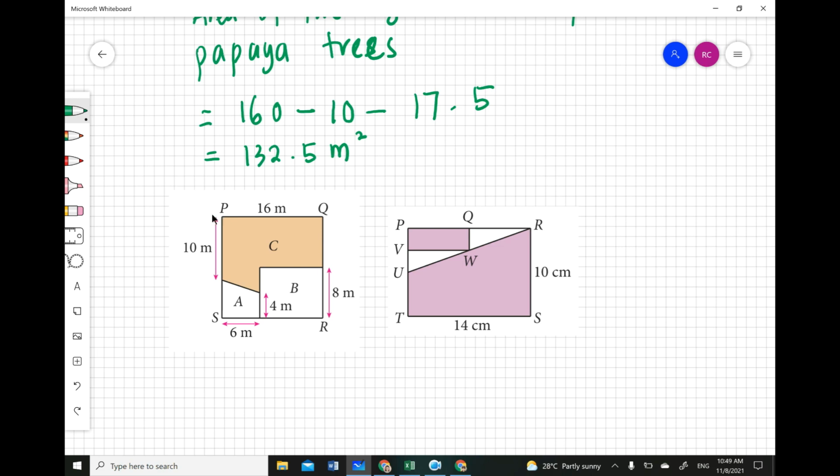This is 16. This is a 10. This is an 8. But we need this part over here. So let's see, this part. If that is an 8, this is a 4. This should be a square. Okay? A square.